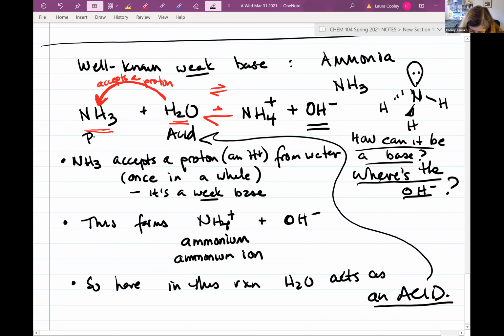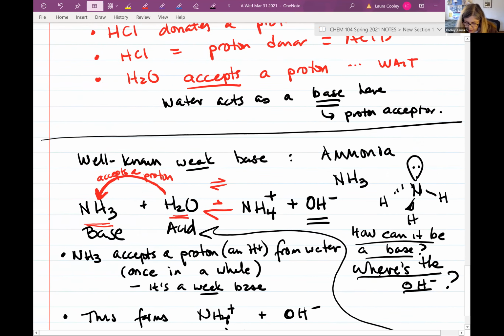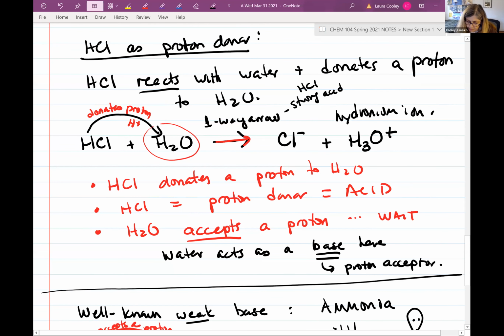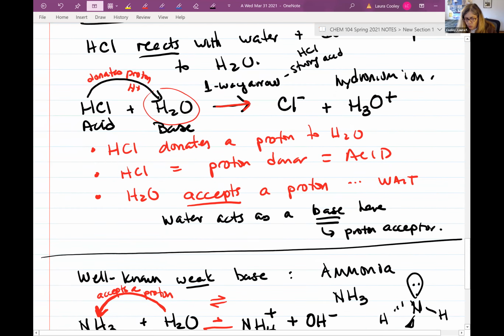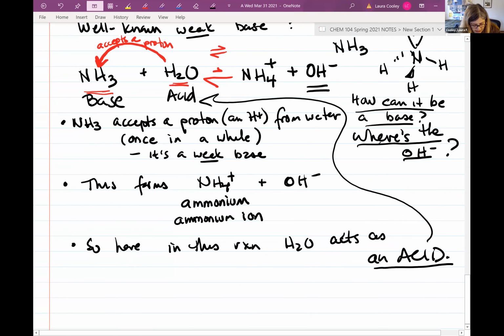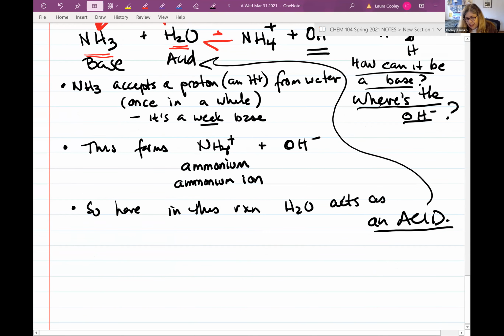And we have NH3, which is a base. If I go back to what I had before, there I have an acid, HCl, and water is acting as a base. So water acts differently depending on who it's hanging out with.